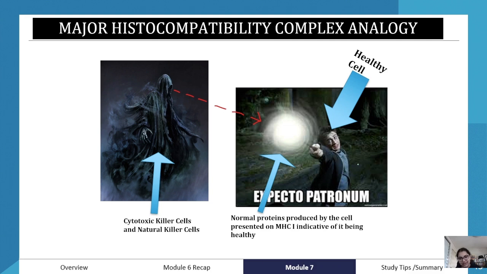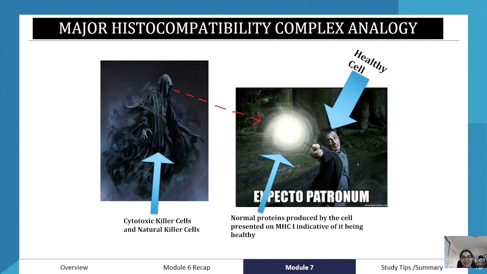So let me go through it again. The Death Eater is the cytotoxic killer cell and general natural killer cells. They are on the lookout for antigens. They can go to any normal cell and kill it, but they won't because they're on the lookout for an antigen. That is the whole process. So that healthy cell is going to show the normal proteins that it makes on its MHC class 1 to show the cytotoxic killer cells that, hey, I am a normal cell, let me go.